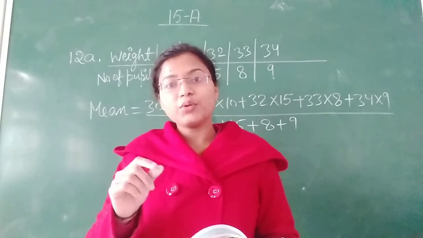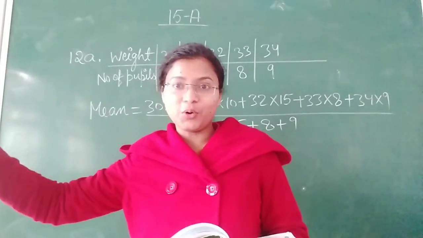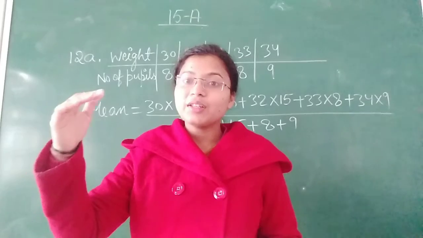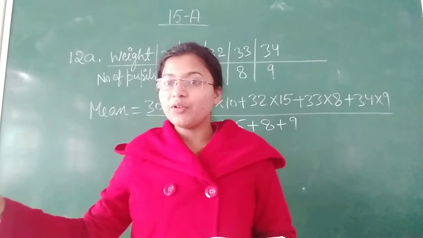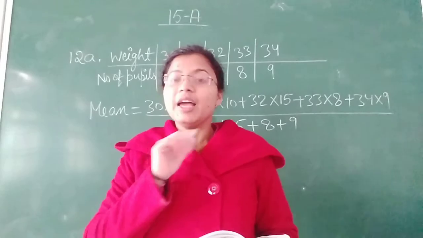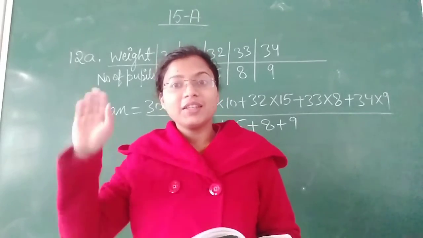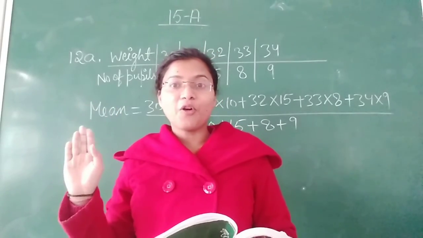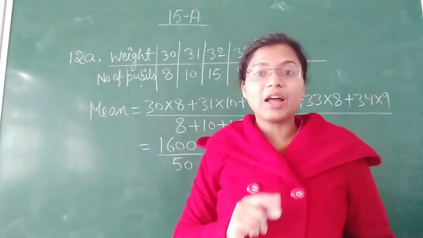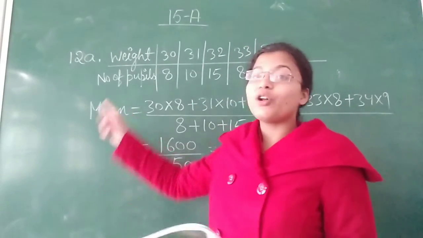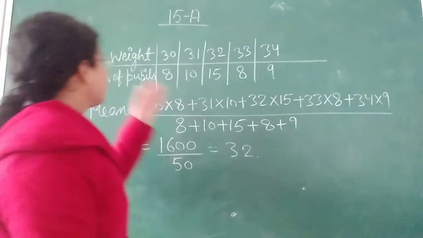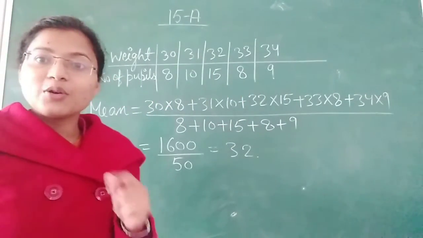Whatever numbers you have in your first row will always give you the value of x, and whatever numbers you have in your second row will always give you the value of the frequency. It doesn't matter that here it is written weight and number of pupils. We will always assume that the weight is the value of x and the number of pupils gives you the value of f.